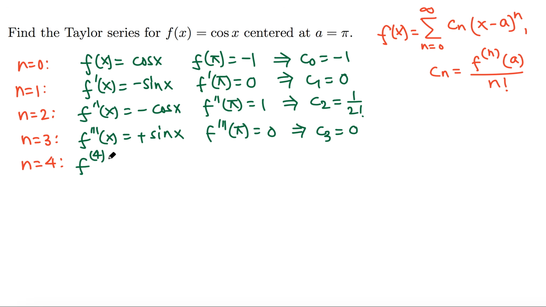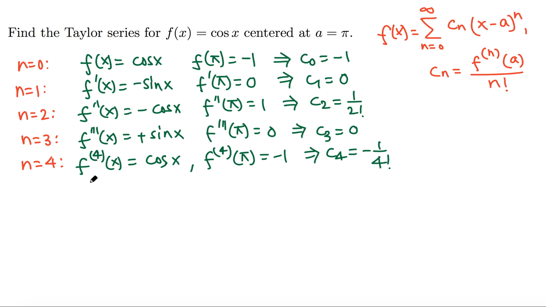Let's find the fourth derivative. The derivative of sine is cosine x, so we are back to where we started. When we evaluate the fourth derivative we get -1, because cosine pi is -1. That means c4 is -1 over 4 factorial.